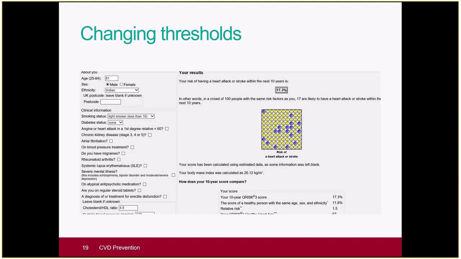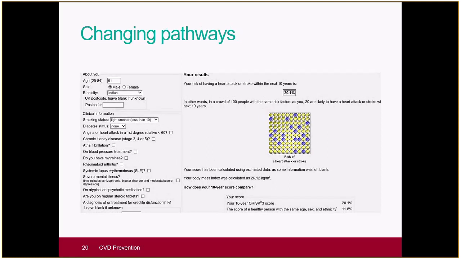If he says yes, he would go on the regular recall programme of reviewing him every year. And if he said no, then we'd be putting him in the 5-year call and recall. But let's imagine this guy's got erectile dysfunction. Then it changes, by the simple ticking of this box, to 20.1%. That means the pathway needs to change.